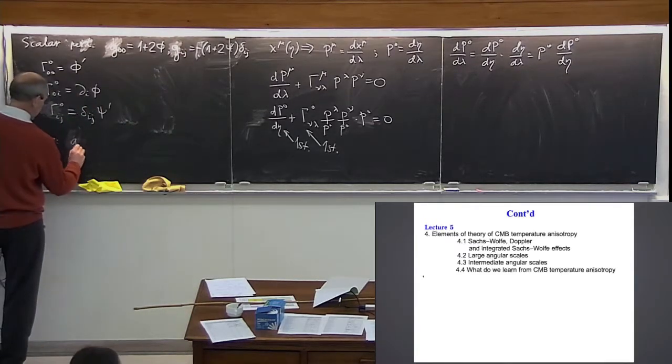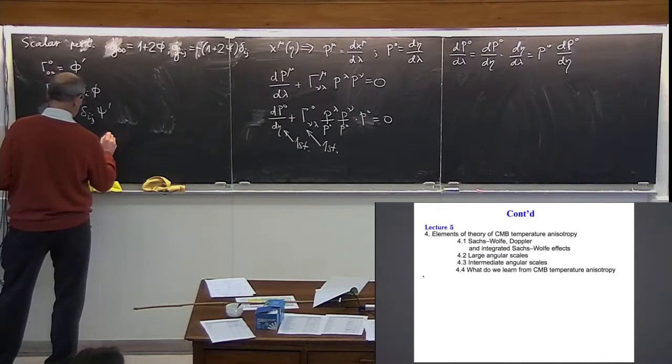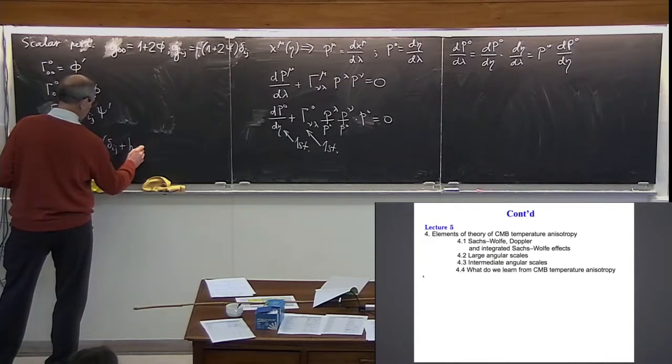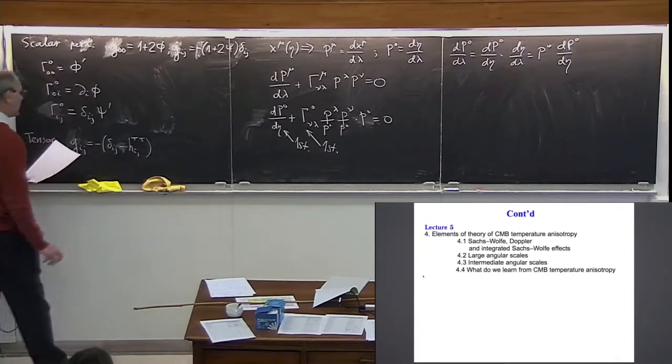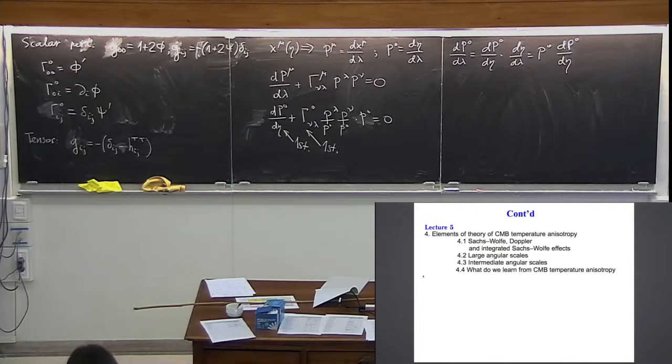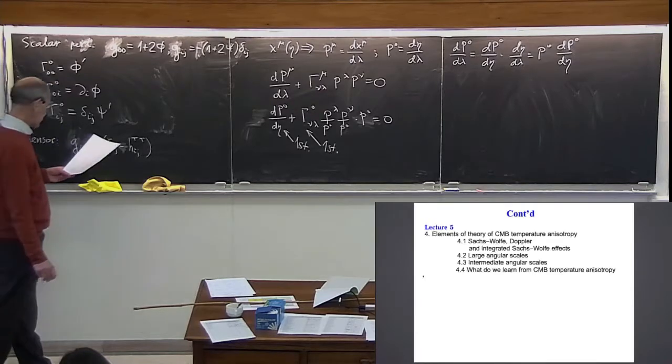I have non-trivial components, which are gij, which is minus delta ij plus hij, hij transverse traceless. That's the only non-trivial components. All the rest is trivial. G naught naught is 1, G naught i is 0.